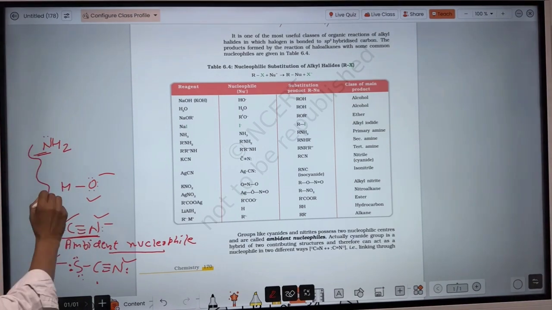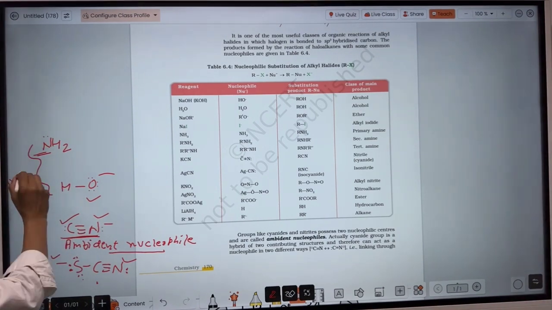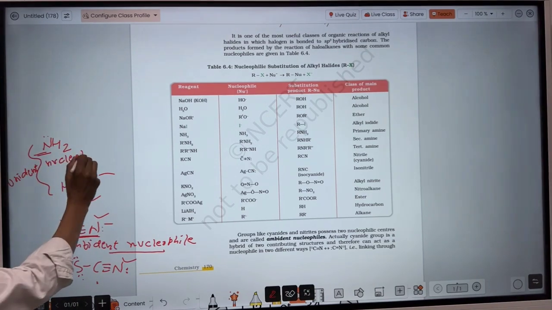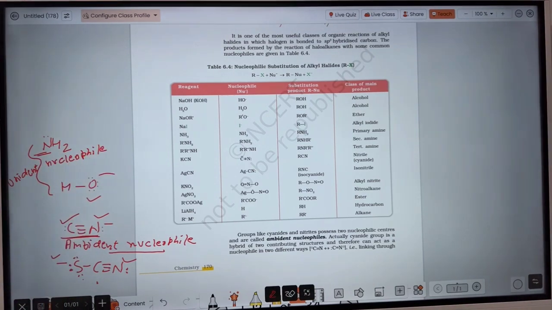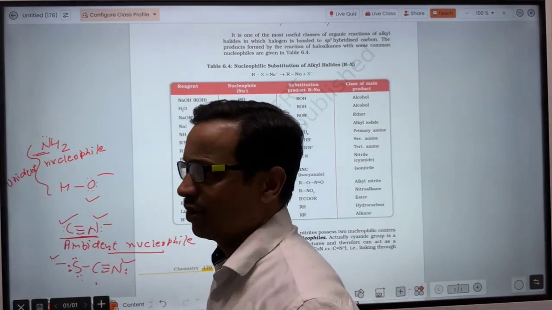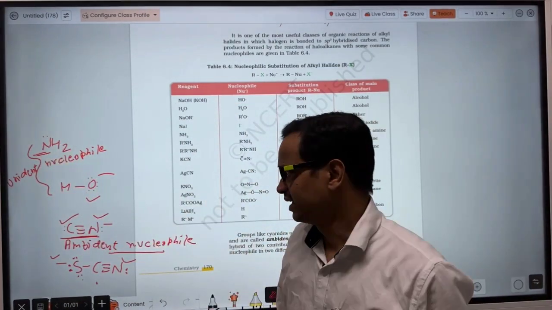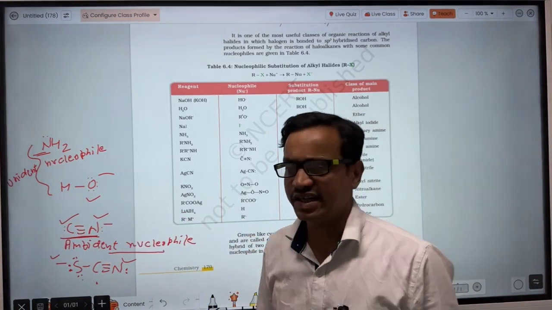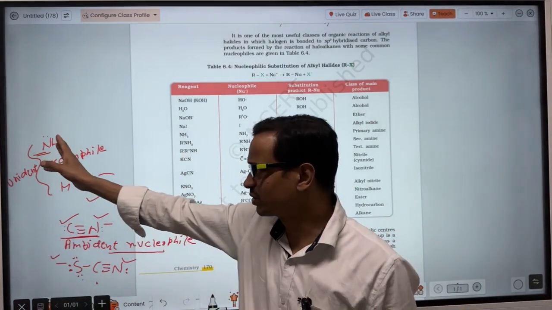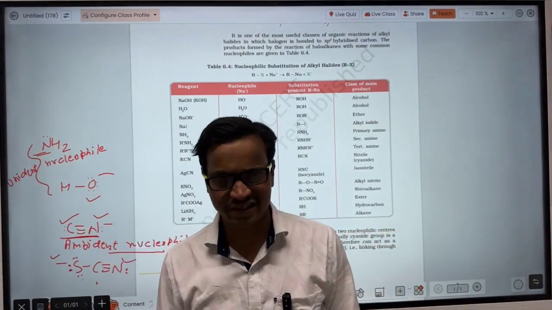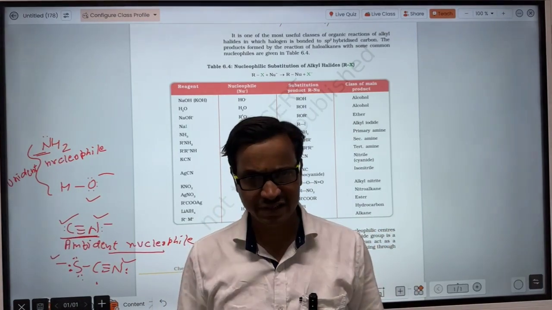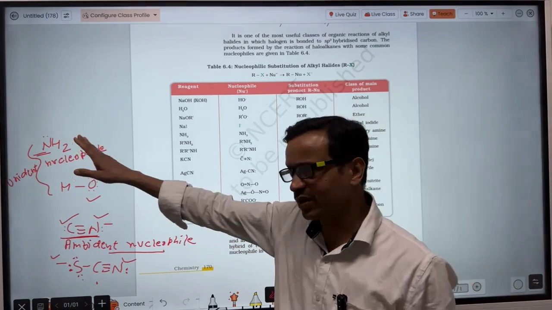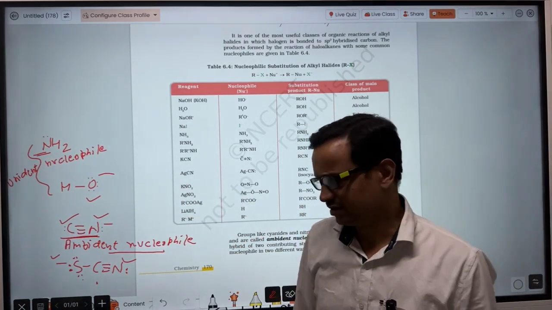These two, NH2 minus and OH minus, are unident nucleophiles. Why unident nucleophile? Because in NH2 minus, only nitrogen can donate the electron. In the same way, in OH minus, only oxygen can donate the electron. That means in this nucleophile, only one atom has the capacity to donate the electron, so it is called an unident nucleophile.